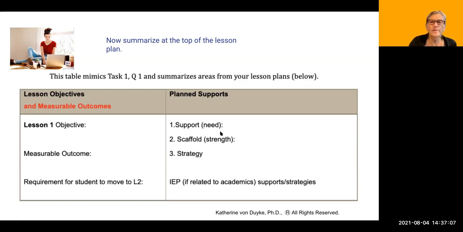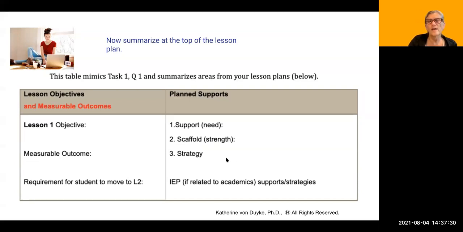And then what are your planned supports? So looking at the activities and looking at your baseline evaluation, how will you support them in areas that they're weak, and how will you scaffold to areas where they are strong? What's the evidence of the need that you have taken from the baseline? What's the specific detail of the support you'll provide?